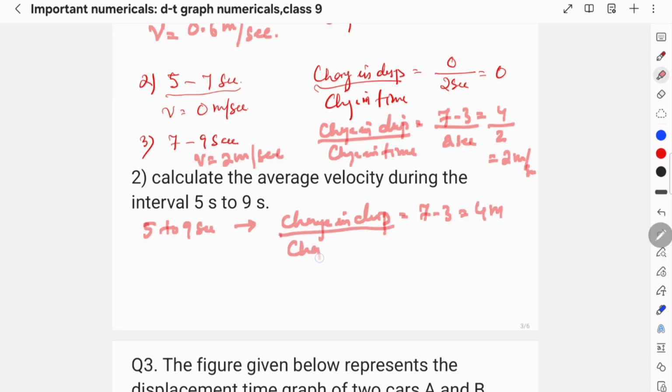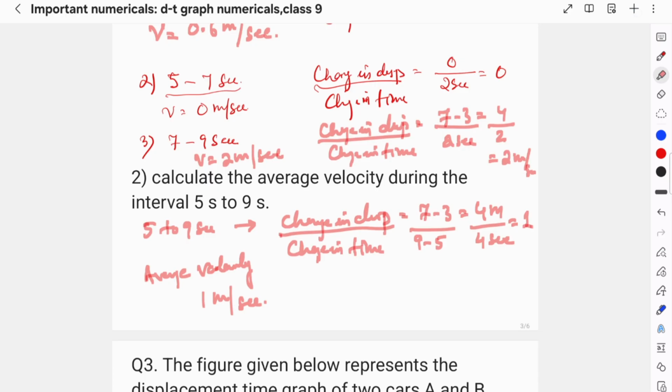The change in time is 9 minus 5, again 4 seconds. So the average velocity is 1 meter per second. So this is our answer.